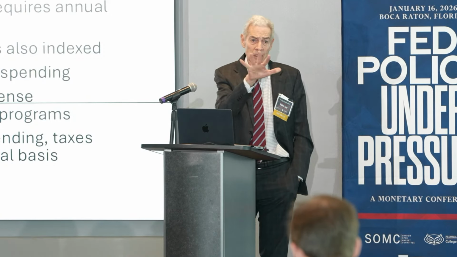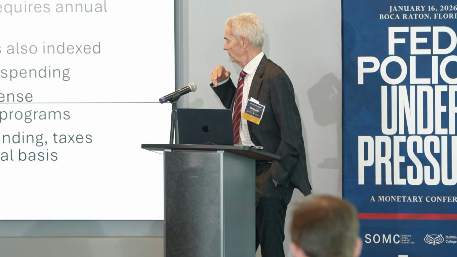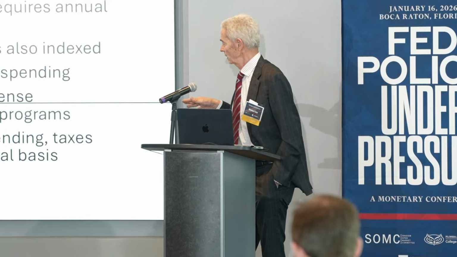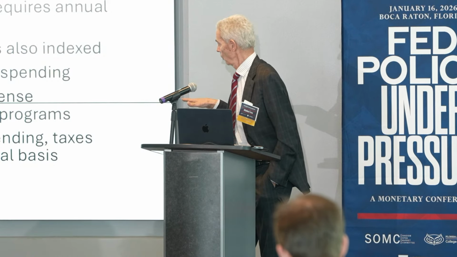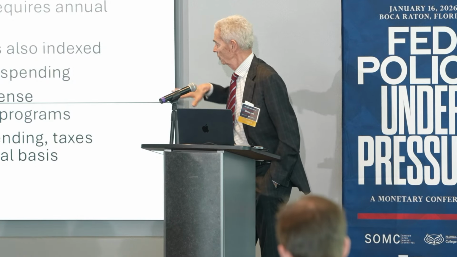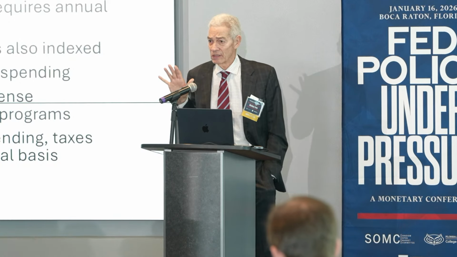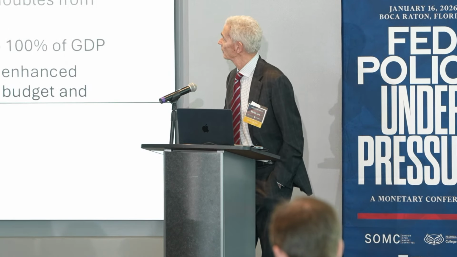And note that in the late 1990s, there were some cash flow surpluses due to a sharp cut in defense spending post-Cold War and rising taxes from booming markets. But on an accrual basis, the debt continued to rise.